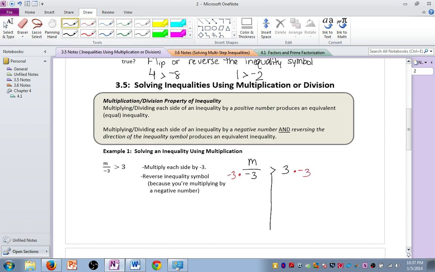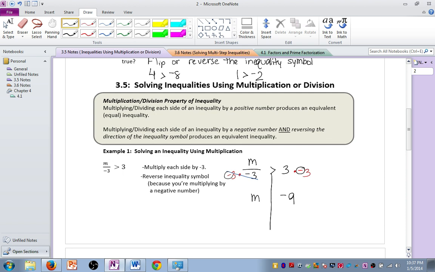And when we use the inverse operation, that allows us to cancel out the numbers next to the variable. So what do we now have left? M over here. What we now have over here is 3 times a -3, which gives us a -9. But what did we multiply by? We multiplied by a negative number.